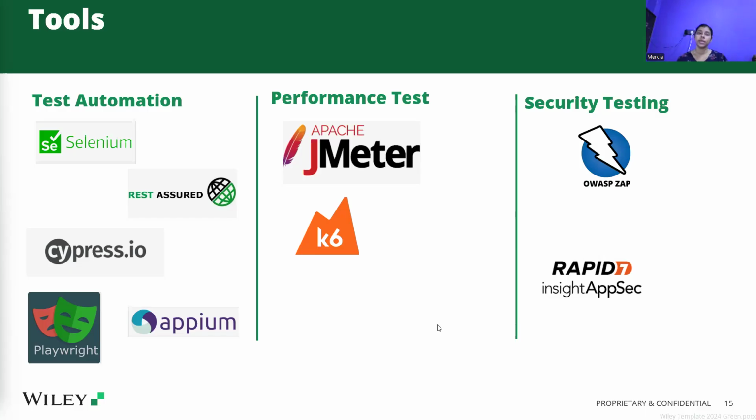Then the latest one is Playwright, which is a very great tool that supports mobile, UI, and API testing, all of it. Then we have Appium, which mostly focuses on mobile testing. Selenium is mostly used for web UI testing. So Playwright is the latest one, and it's very efficient and easy to understand.